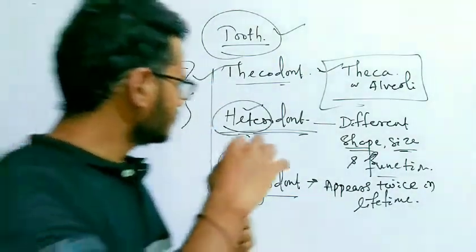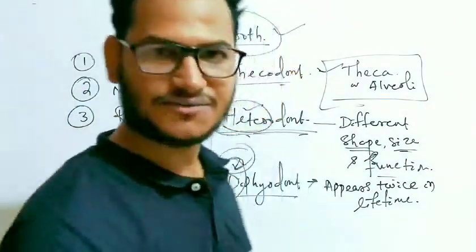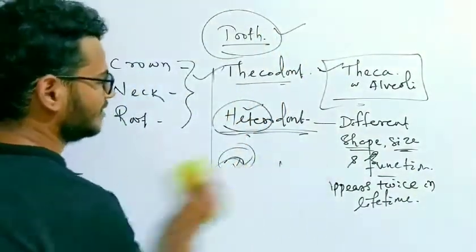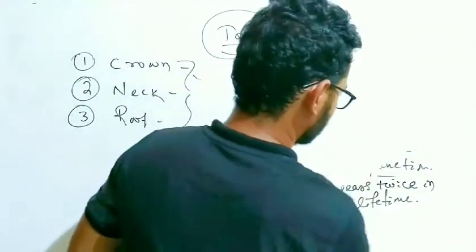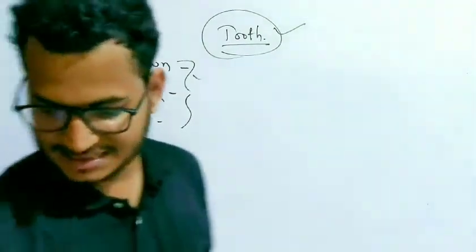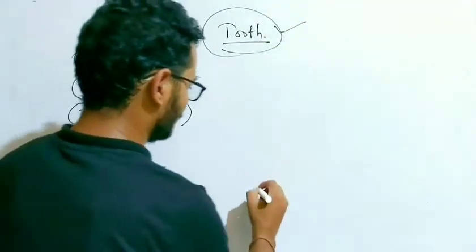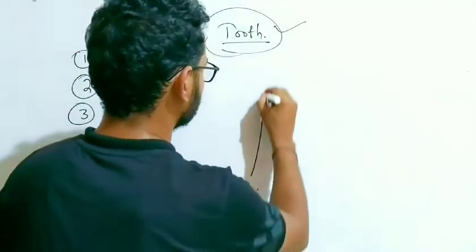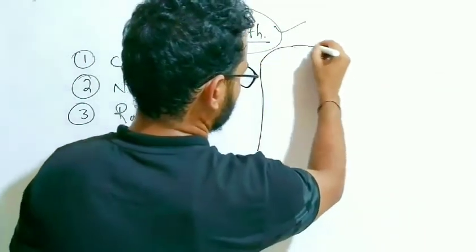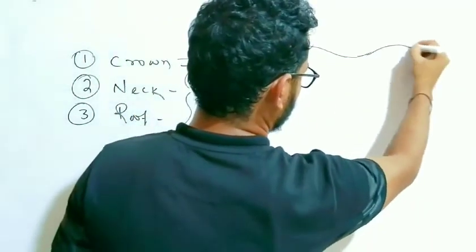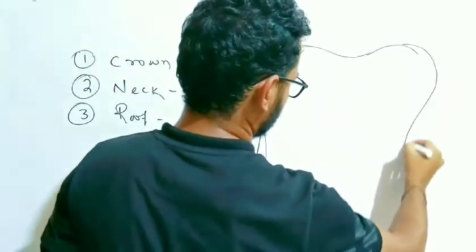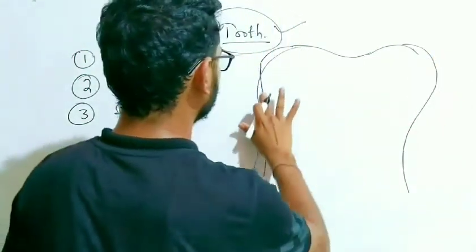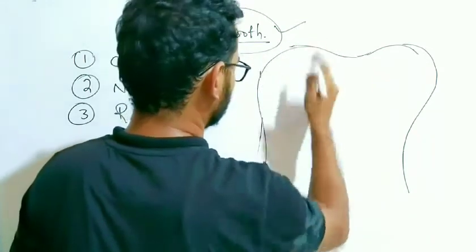Now let's go into detail about the structure of the tooth. What are its different parts? Let's see. So let me draw a diagram for you so that you can easily understand. Look at this. So this is the structure of a typical human tooth. Clear?